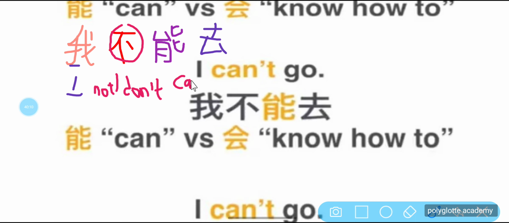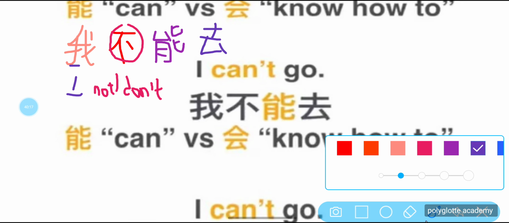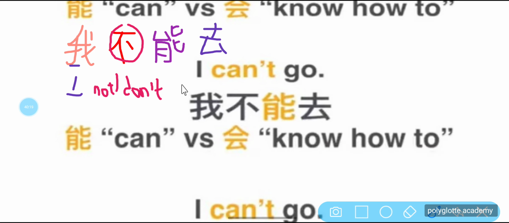Neng, which is can, expressing possibility, we can erase that and use a different color to distinguish. Neng, which is can. And then the next character is chu, which is to go.